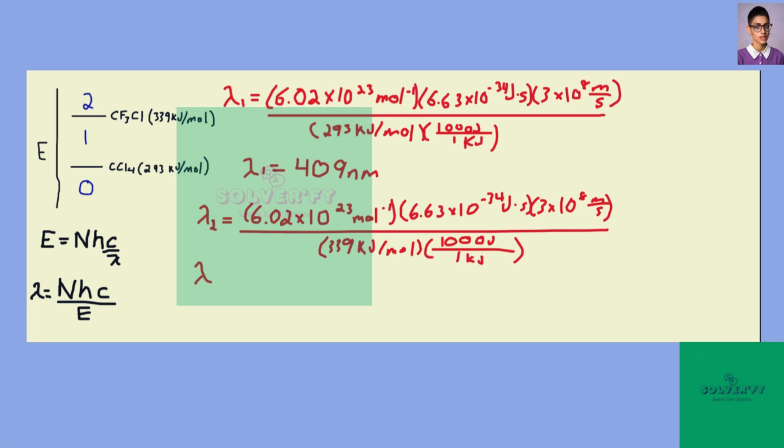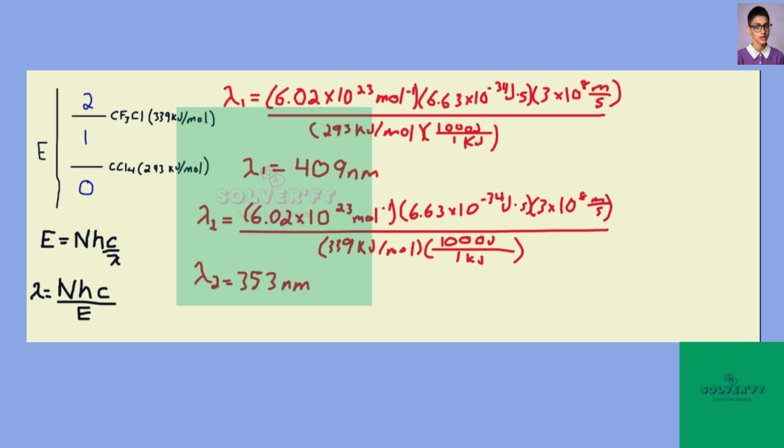So this is going to be lambda 2. We're going to put this in our calculator, and it's 353 nanometers.